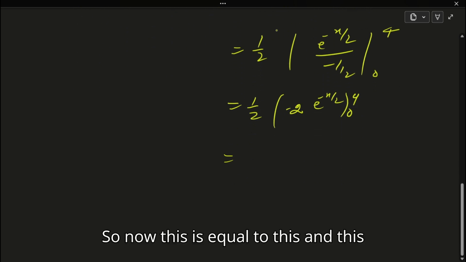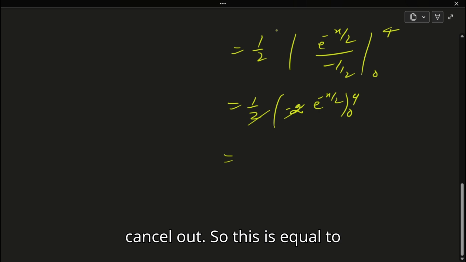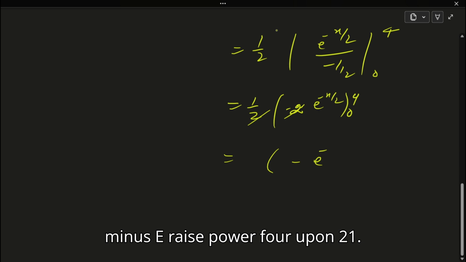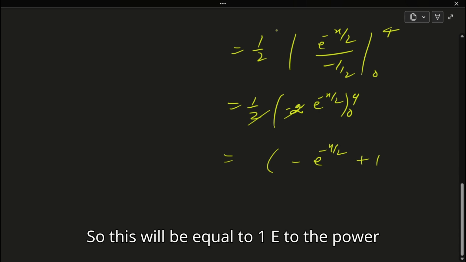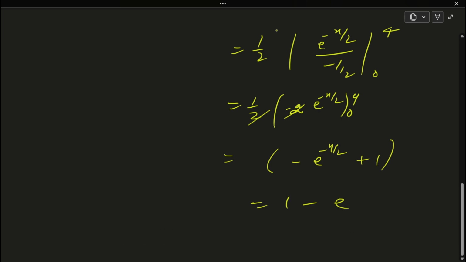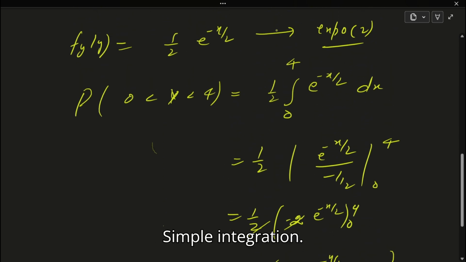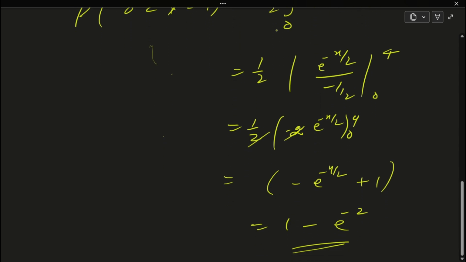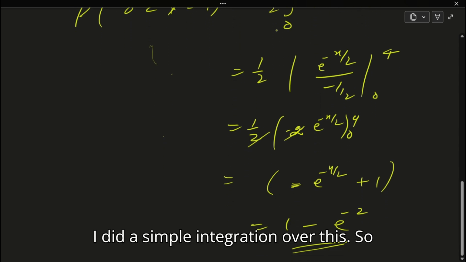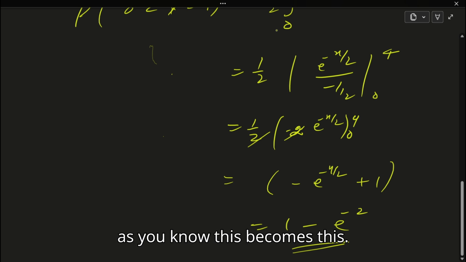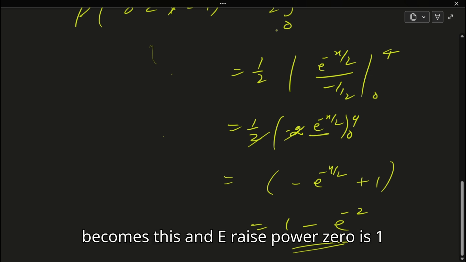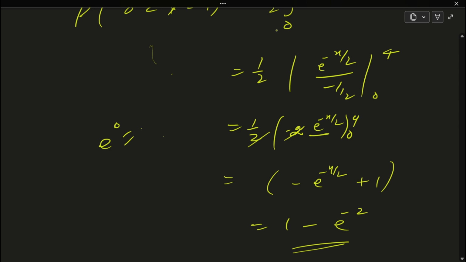So now this and this cancel out. So this is equal to minus e raised power minus 4 upon 2 plus 1. So this will be equal to 1 minus e to the power minus 2, which is the correct answer. Simple integration, I did a simple integration over this. So as you know, this becomes this. Then put the limits into this. So whenever we put the limits, this becomes this, and e raised power 0 is 1. Clear?